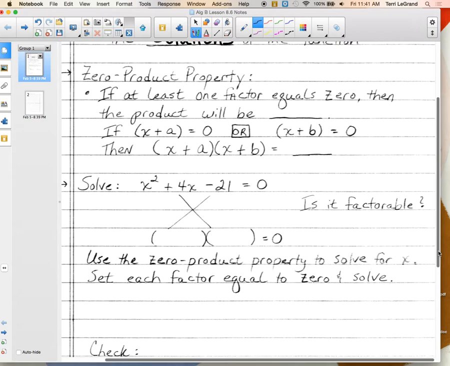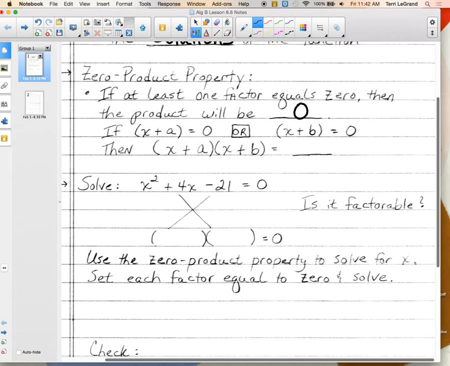If I have 1/3 times 1, what's the product? 1/3. I tried to trip you up. One of the factors has to be 0, and if one of the factors is 0, the product will always be 0. No matter what you're multiplying by, if one of the factors is 0, whether there are 2 or 3 or 4 factors, that makes the product 0.